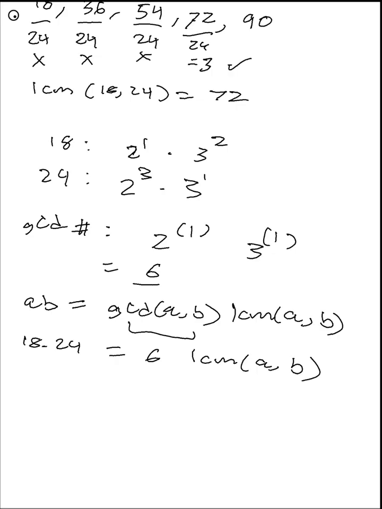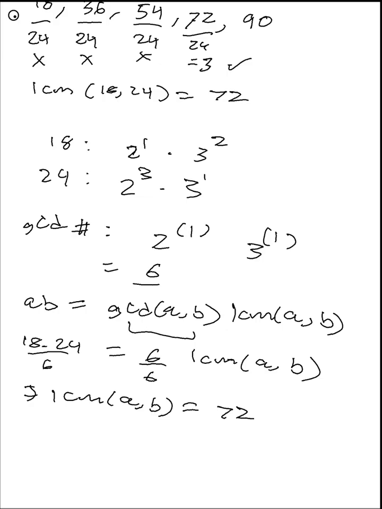Although this is an algebra trick, which is in solving single variable equations, which we'll be talking about in our next set of videos, what you would do is you would just divide by 6 on both sides, and then you would end up getting an answer of LCM of AB is equal to 72.